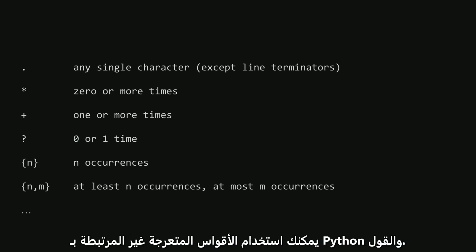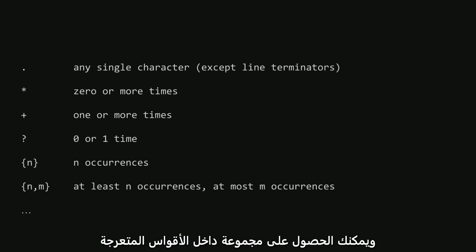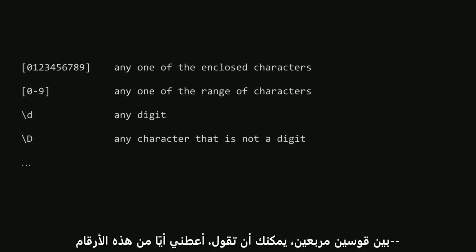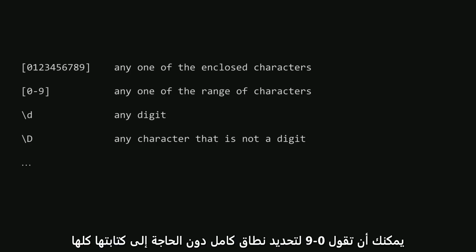You can use curly braces, unrelated to Python, and say, I want this many occurrences of a character. And you can have a range inside of curly braces. Give me minimally this many characters, maximally this one. And you can do other things too. In square brackets, you can say, give me any one of these digits, 0 through 9 in this case, but you could type anything in there that you want. You could say 0-9 to specify a whole range without having to type them all out.